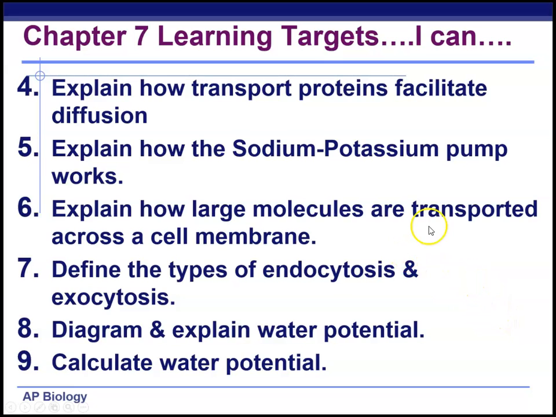Explain how large molecules are transported across the membrane, like, remember, endo and exocytosis, phagocytosis and pinocytosis. So define those types of movement. And we haven't got to number 8 yet. Diagram and explain water potential and calculate water potential. So we'll get to those when we do our labs in this chapter.